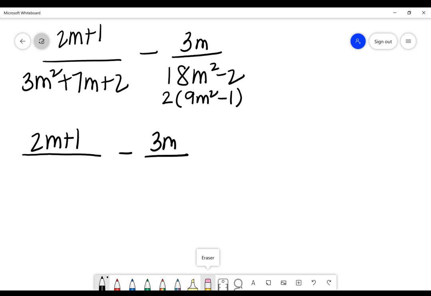Now, 3m squared plus 7m plus 2. So remember, I want to multiply to 6, but add to 7. So thinking of those two numbers that multiply to 6 but add to 7, that's going to be 6 and 1. I want to divide by the lead term.